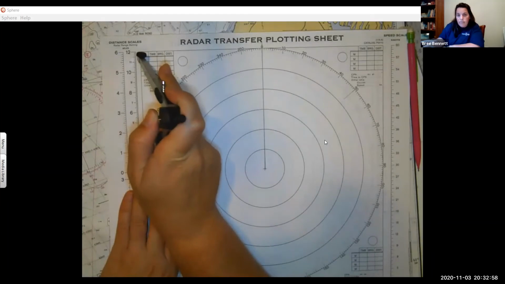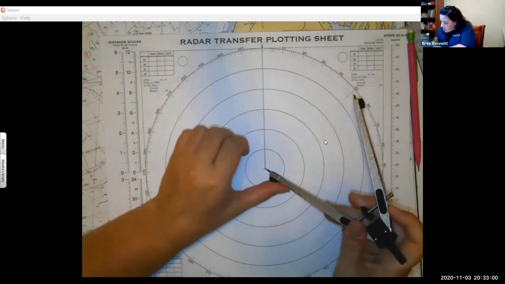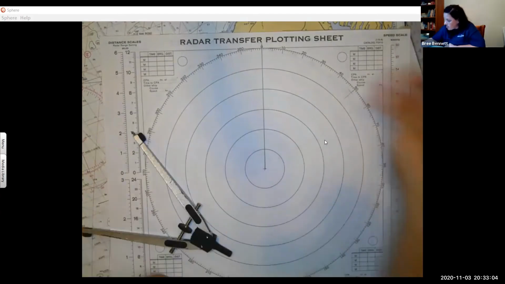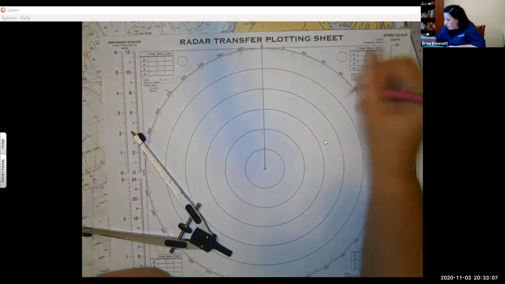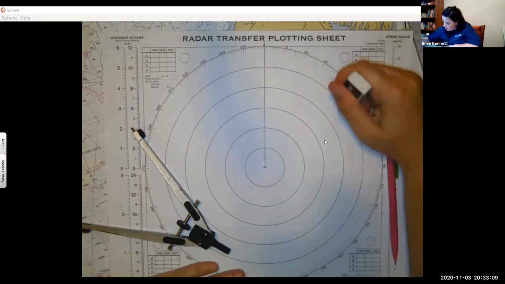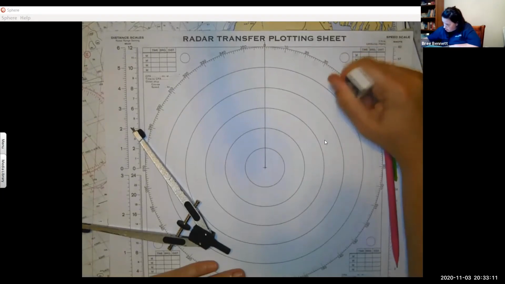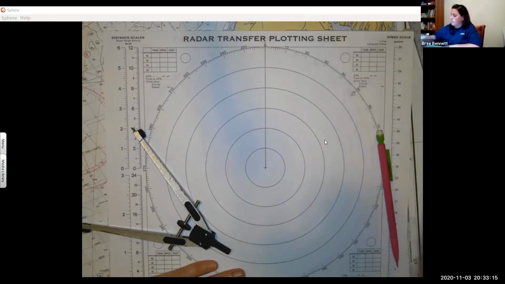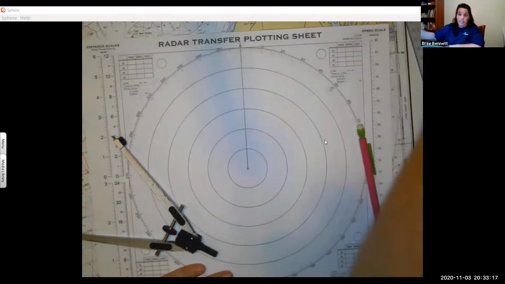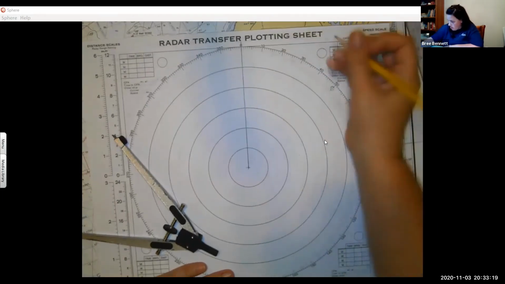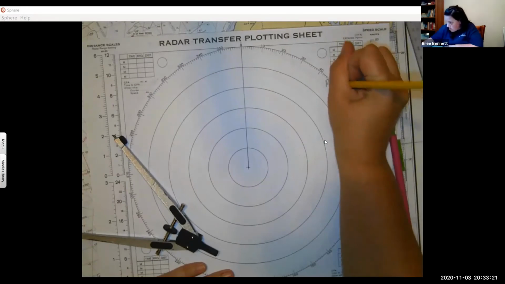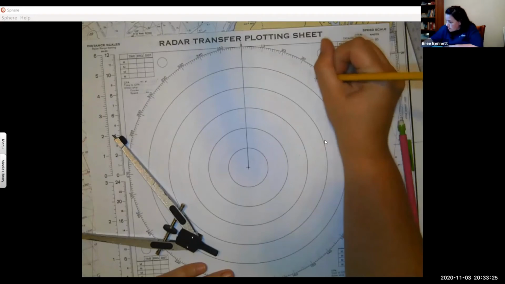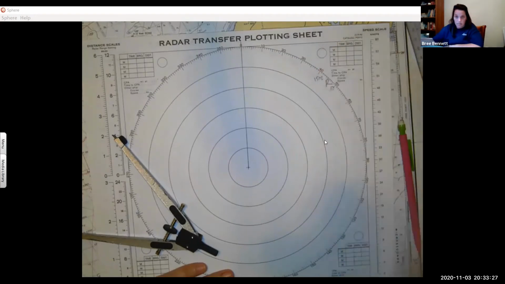There's 11.5. I'm going to label this R, and that was at 15:08.